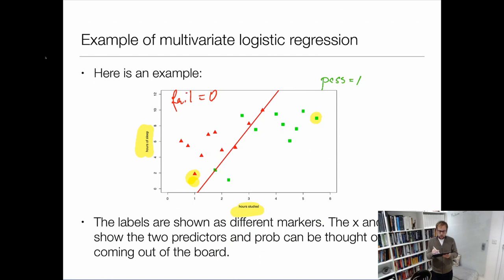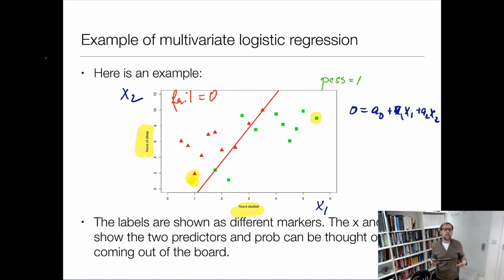So I can write down the equation. If you call, let's just say this is x1 and this is x2, then I know that my decision boundary is just 0 equal to a0 plus a1 x1 plus a2 x2. So this is my decision boundary, and I can just solve this for x2, for example.